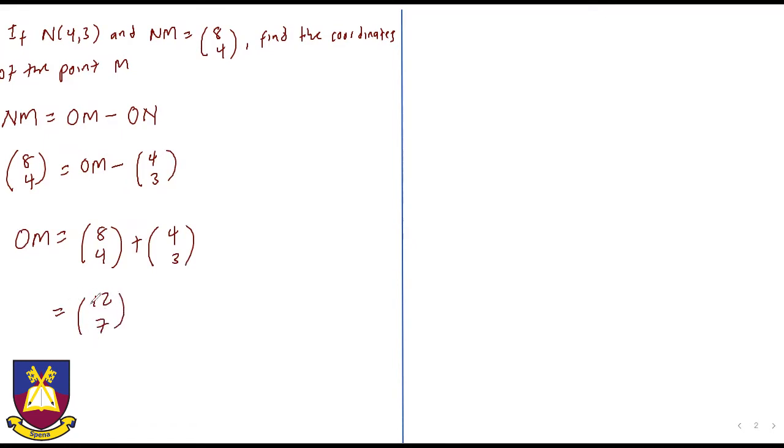This is the position vector of M, but the question wanted the coordinates of the point M, so we can conclude, therefore, the coordinates of M are (12, 7). That's the coordinate for M. And that's how we use displacement vectors. Let's now look at what we call the zero vector.